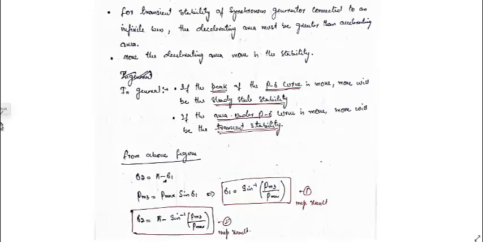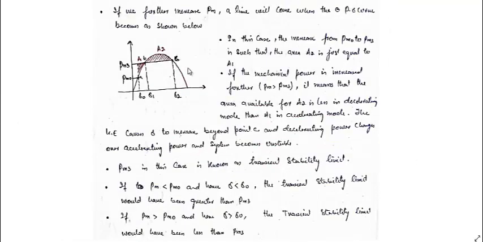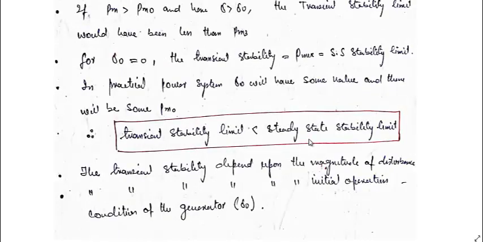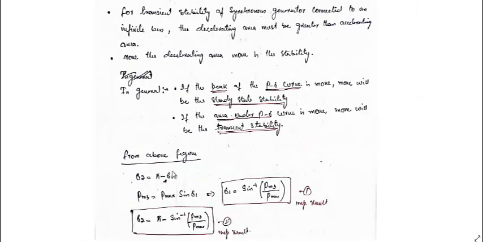Now from this figure, when we have to calculate this, you can see this is symmetrical at this point. So if this is delta 1 from this point to this point, this delta 2 will definitely be equal to pi minus delta 1. That's what I have written over here. Delta 2 is equal to pi minus delta 1.